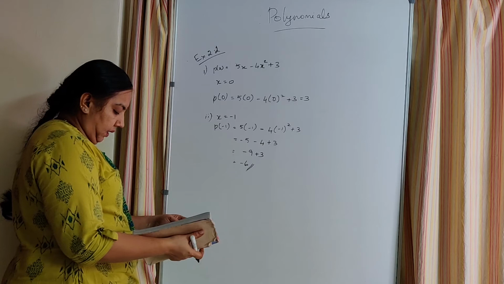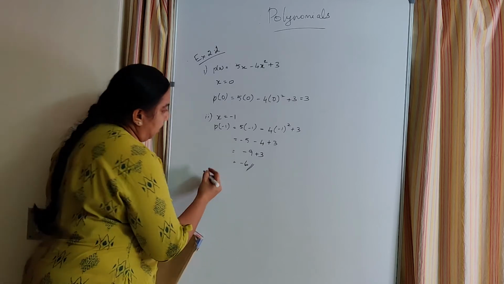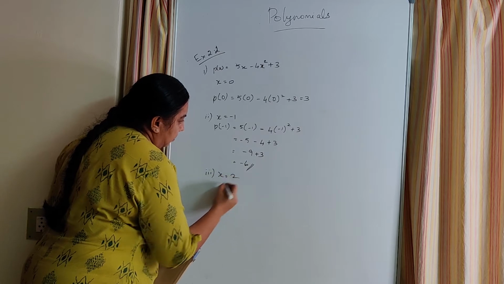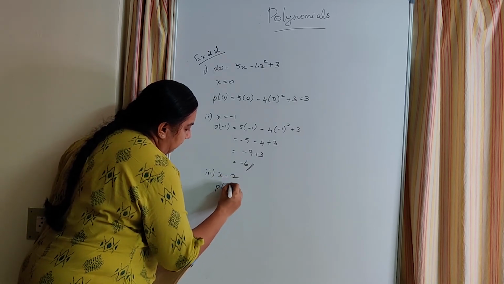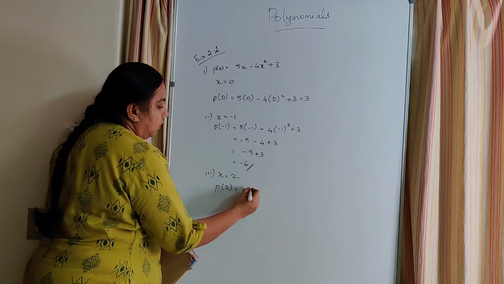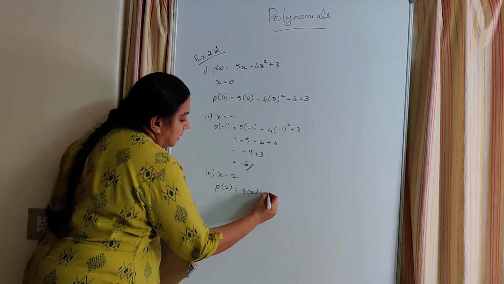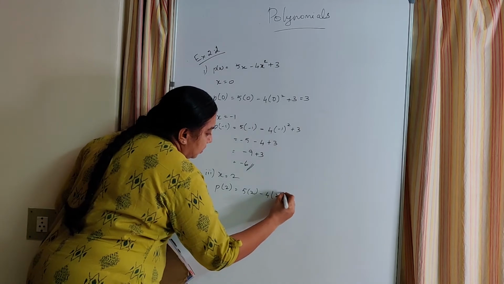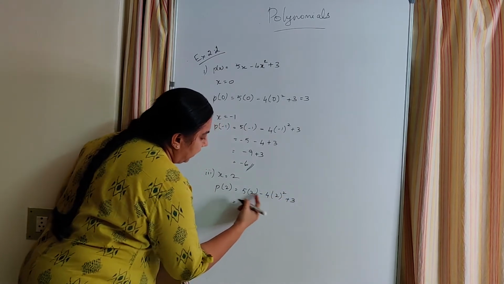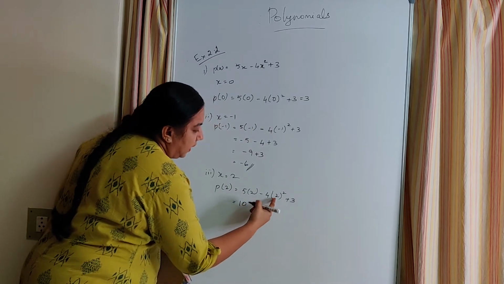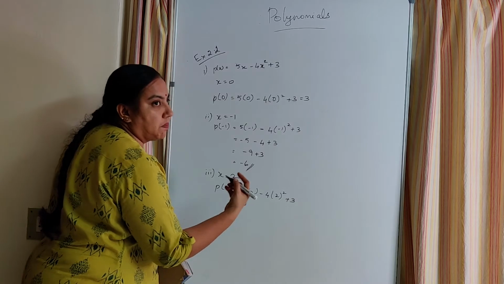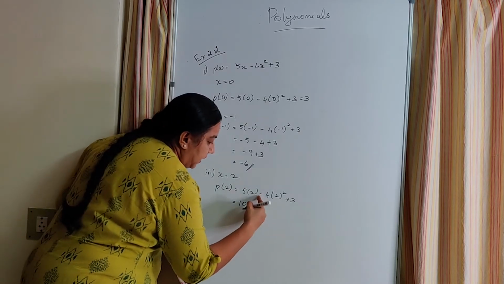Then the third sum is when x is equal to 2. When x is equal to 2, then when I substitute the polynomial with the value 2, it becomes 5 into 2 minus 4 into 2 square plus 3. So 5 2s are 10 and here again 2 2s are 4. 4 into 4 is minus 16 because already there is a minus.